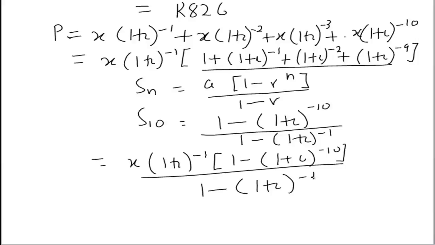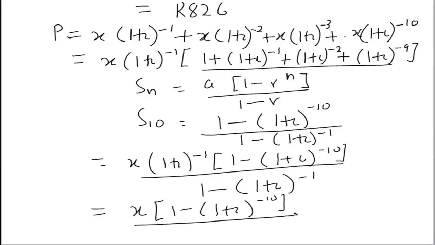Now, if I move this down to the denominator, I will get x into 1 minus (1 plus i) to the minus 10, all over (1 plus i) to the positive 1 into 1 minus (1 plus i) to the negative 1.